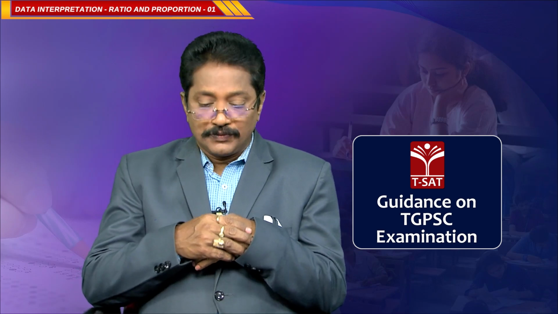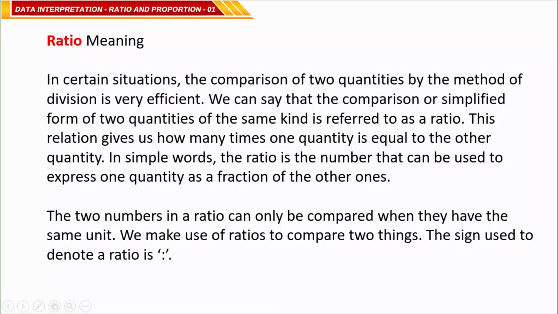This is very important: for certain situations, we have to compare quantities by division simply. We can call it a ratio, and we say A is to B. It means A by B, or you can write it in different formats, but the most frequently used is "to".